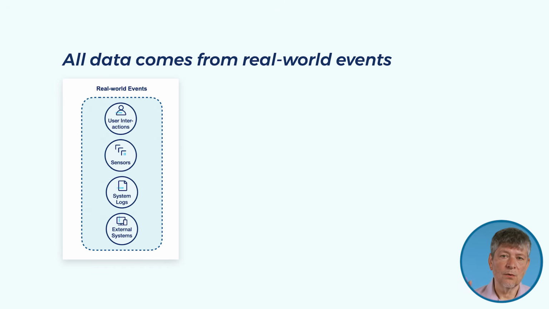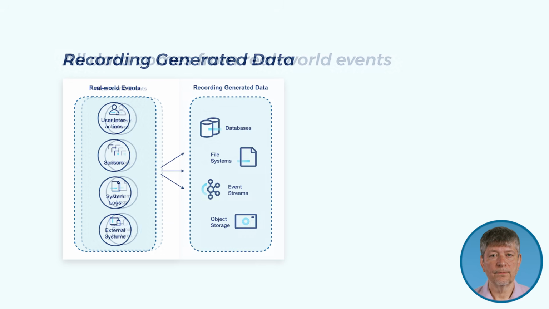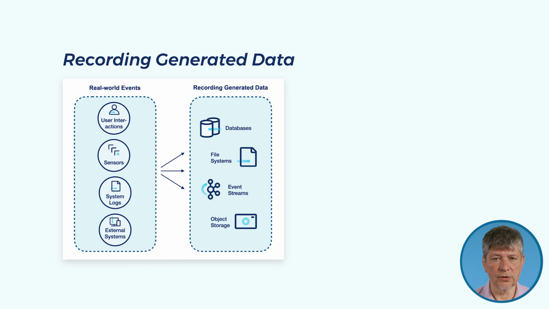Okay, but where does all this generated data actually get stored? When a user makes a purchase, that data gets recorded in a database. When a sensor takes a reading, it gets written to a file or sent to a message queue. When an application encounters an error, it gets logged. The data gets stored in the operational estate.